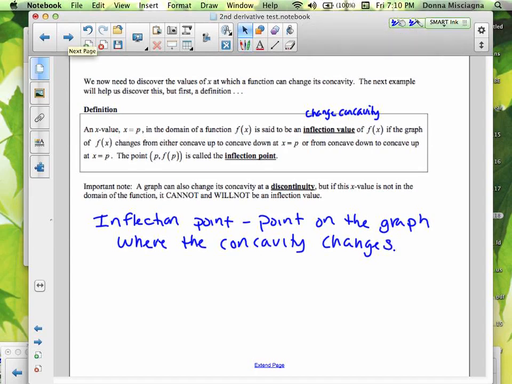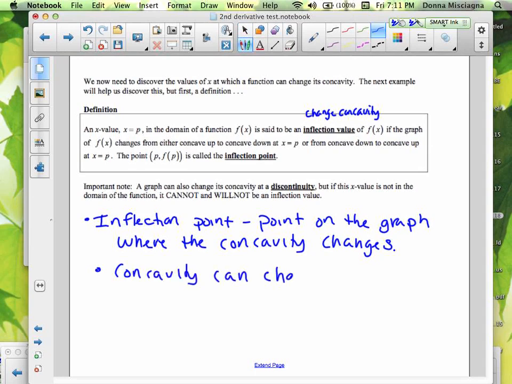Inflection points are not the only place that we can change concavity. We can change it at inflection points. We can also change it at discontinuities. So concavity can change at points of discontinuity. And we saw that on the last graph. I'll go back to it.